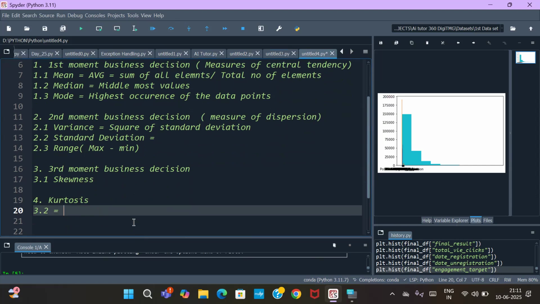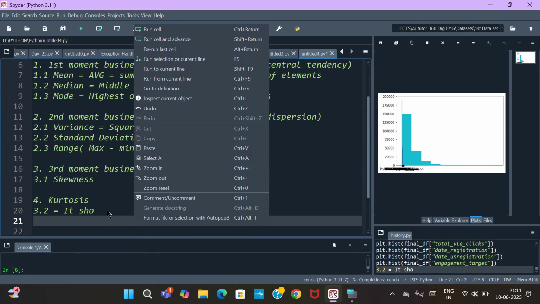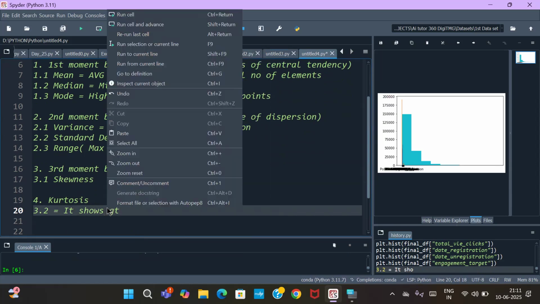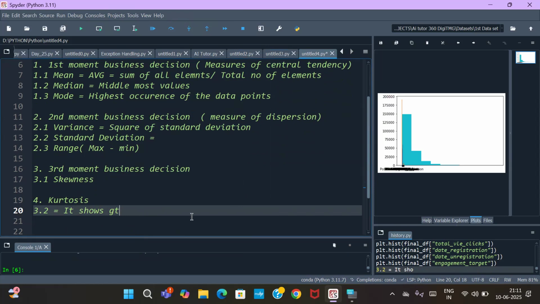Kurtosis shows the peakness of the graph.